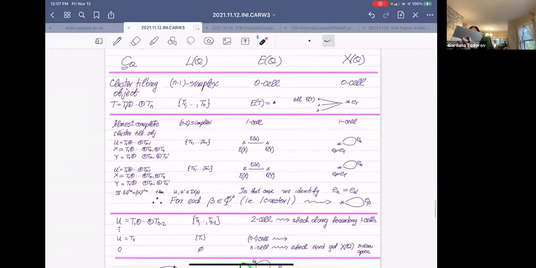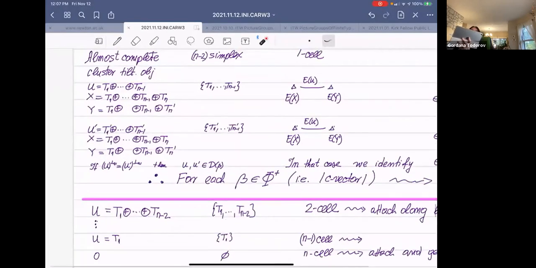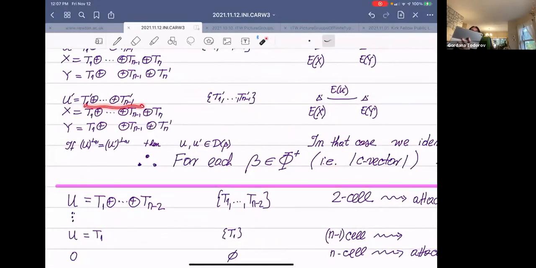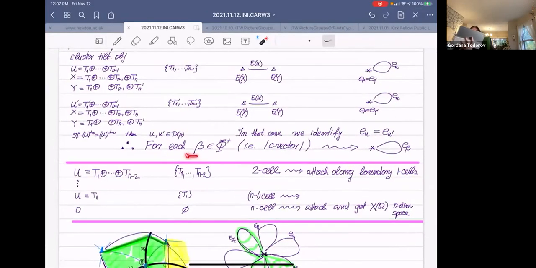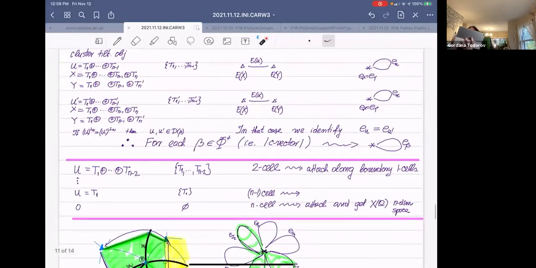Now, this is the important part. If we have two almost complete cluster tilting objects, which have the same Hom right perpendicular category, then they're on the same D_beta, and we identify those two. So in short, for each beta, each one cell which crosses beta will be identified.